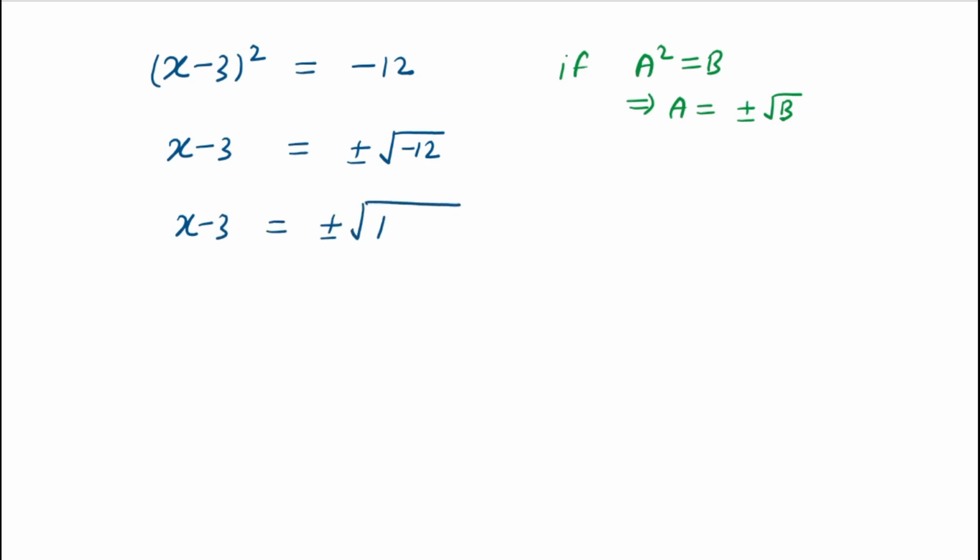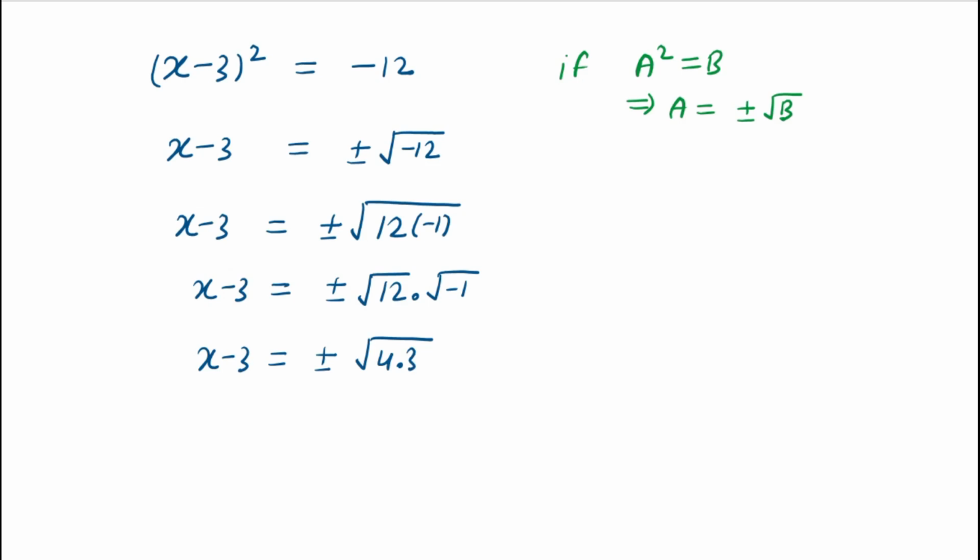Now square root of −12 is the same as square root of 12 times −1. Then x − 3 is equal to plus minus square root of 12 times square root of −1. Then x − 3 is equal to plus minus, square root of 12 is the same as square root of 4 times 3, and square root of −1 is iota.